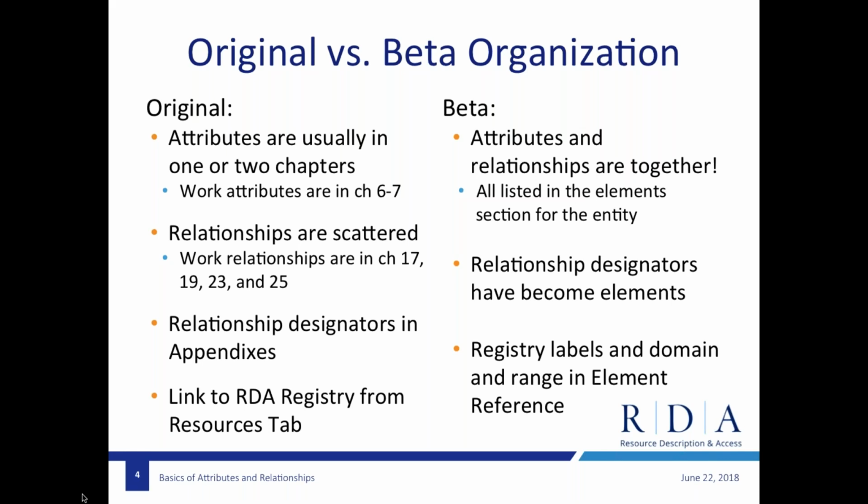For example, author is a relationship designator in the original toolkit. It's now an element. The registry labels, remember I was showing you earlier that has creator of work, that's a registry label. And the domain and range for the element are in the element reference section that Jamie showed you. That's at the top of the element page. You can expand and collapse. And that's going to be really important information to help you find things within the beta toolkit.